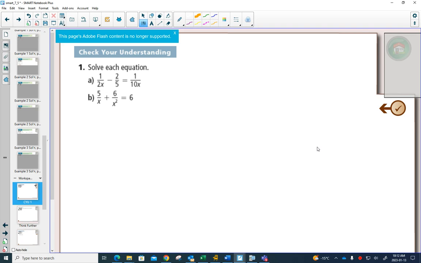So we are now getting into solving equations. And in solving equations, it's going to be a mix of adding, subtracting, multiplying, and dividing. It's going to be a mix of all of those things.